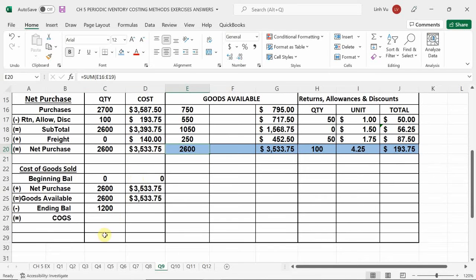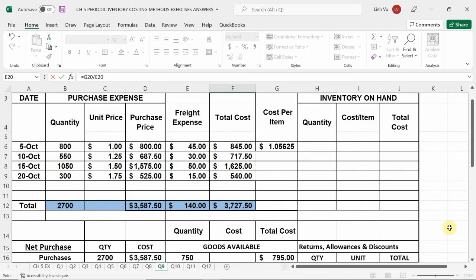Because at the end of the day, what happens here is we now need to solve for my average cost per item, right? Because this is where I'm going to say, I don't care how much each item cost me. I don't care which batch was the most expensive and which batch was the least expensive.